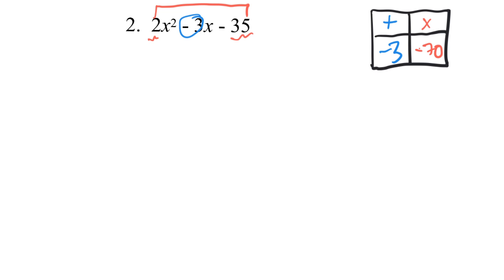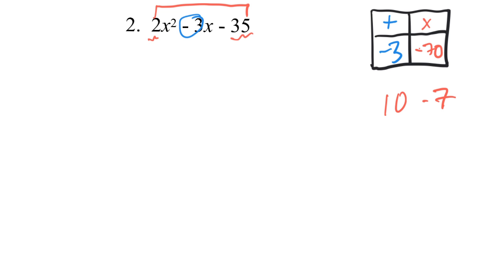So we have to figure out two numbers that multiply to 70. The first one off the top of my head is 10 and 7. Now, 10 times 7 is 70, right? But it's not -70. So I'm going to try -7 and 10, and when I add them together, does it give me -3?